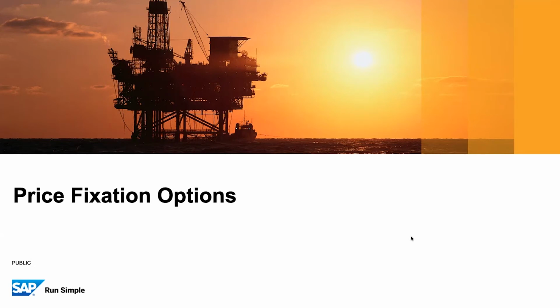Like they can say that, okay, I can fix the price until this. I cannot fix the price unless the quotation period has started, or I can fix the price only until the quotation period is valid. After that, I shouldn't be able to do that. Or I can manually fix a date that, okay, until this date only I can do the fixation, otherwise I cannot.